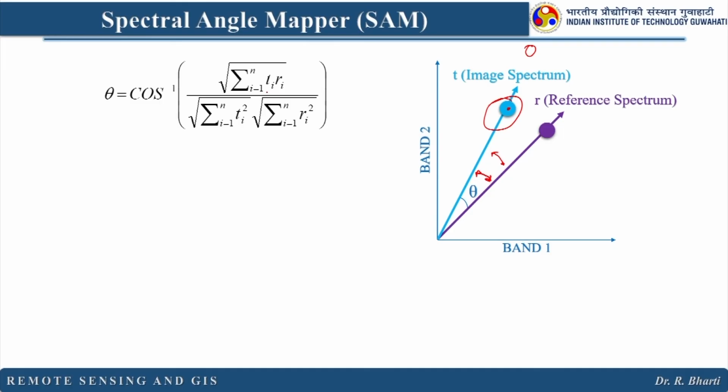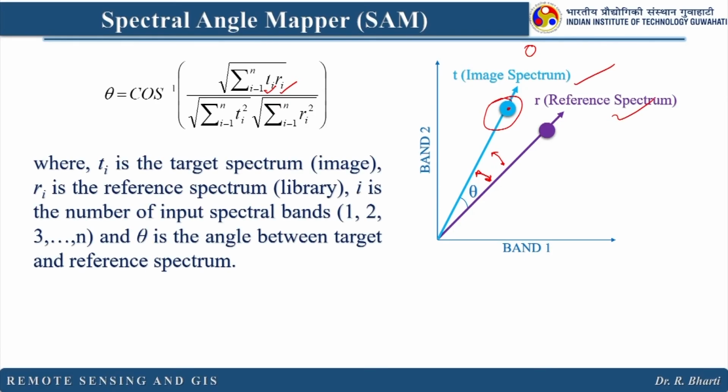Here Ti and Ri are your target and reference spectra, where Ti is the target spectrum of the image, Ri is the reference spectrum, i is the number of input spectral bands, that can be 1, 2, 3, 4, 5, or maybe hundreds, 200s or 300s, and theta is the angle between target and reference spectra. I hope you have understood this part.